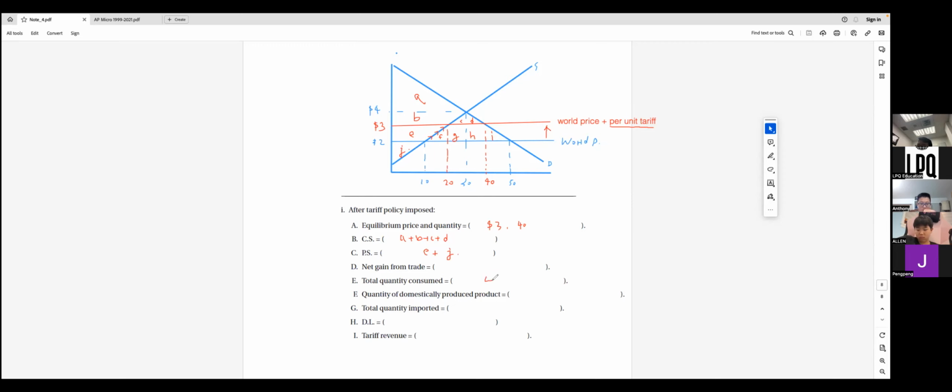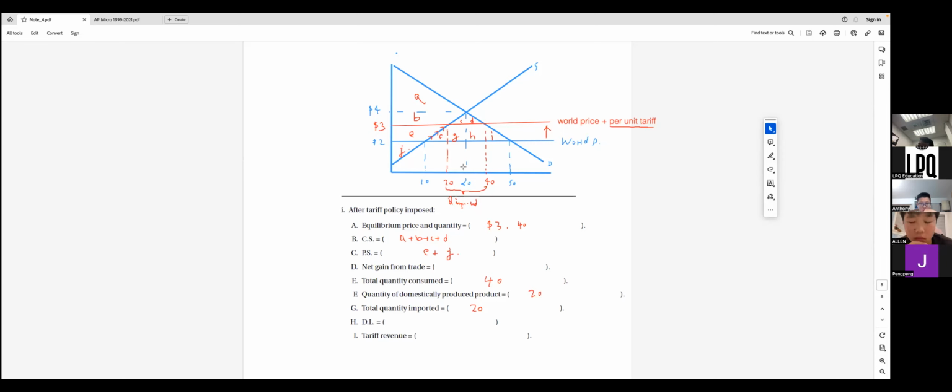Total quantity consumed is 40. Domestic production is 20. So how many units now do we import from China? So 40 minus 20 equals 20. Where is the total tariff revenue? Total tariff revenue should be between the 20 and 40, right?